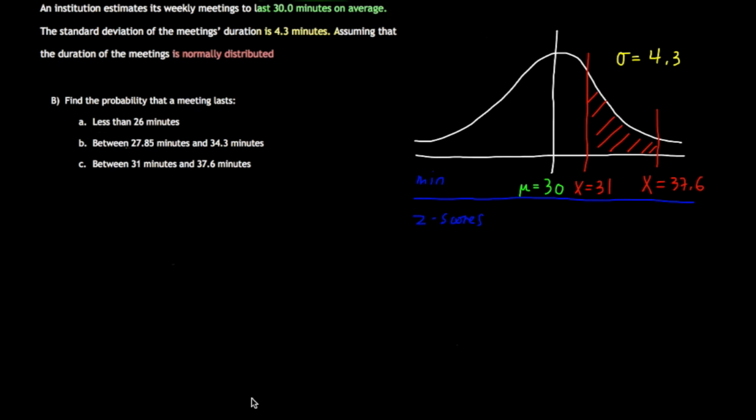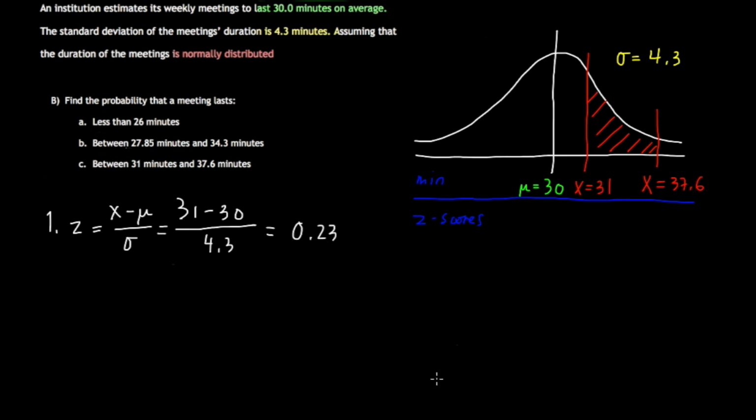So once again, same as in subsection B, we're going to need two z-scores here. So in step 1, we're going to solve for z-scores. So the first one, so it's always, for this lesson, it's x minus mu divided by the standard deviation, which is equal to 31 minus 30. Notice that it's going to give a positive numerator, divided by 4.3. And this is positive because 31 is greater than 30. So it's going to be on the right-hand side. And this is equal to a z-score of 0.23.